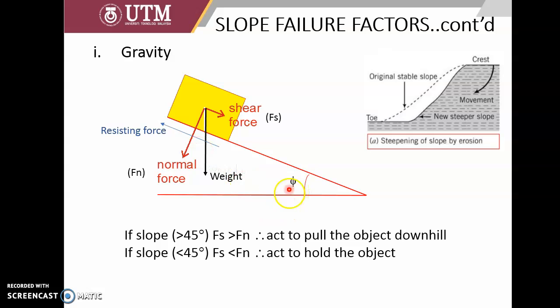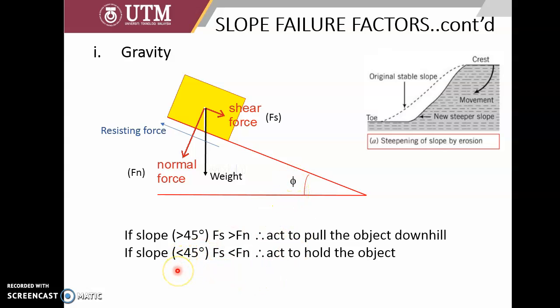So if the angle of slope is more than 45 degrees, usually the resisting force, the normal force, becomes lesser than the shear force that induces the sliding. So it acts to pull the object downhill, and the opposite if we have the angle of the slope less than 45 degrees.